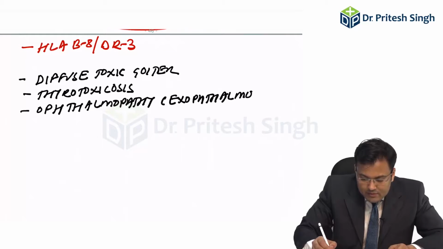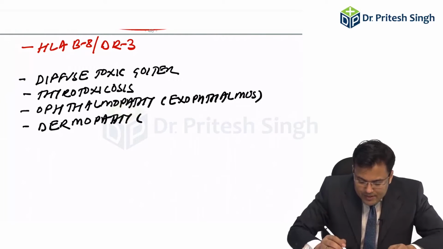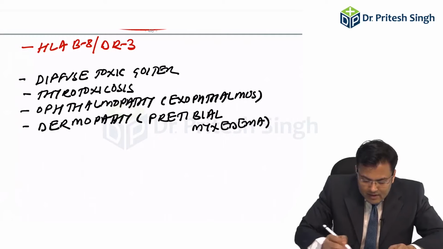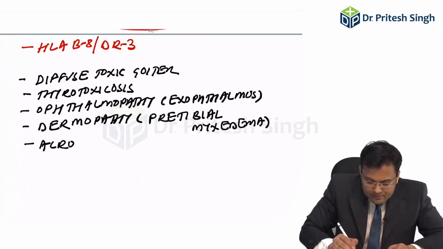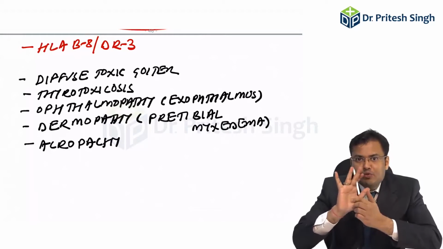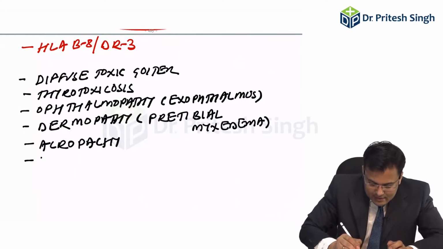Second, dermopathy. This is pretibial myxedema. And acropathy. Acropathy means subperiosteal new bone formation in metacarpals. And gynecomastia.